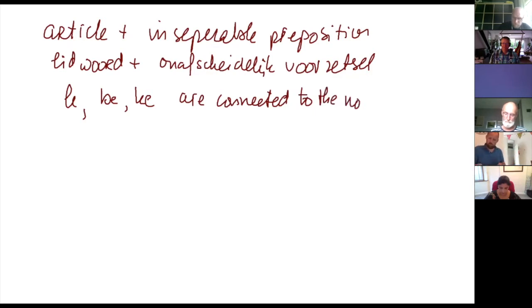Important to understand. An inseparable preposition is connected to the noun. So they are inseparable. They are one unit. They become one unit. Let's use that word. We say in the beginning.